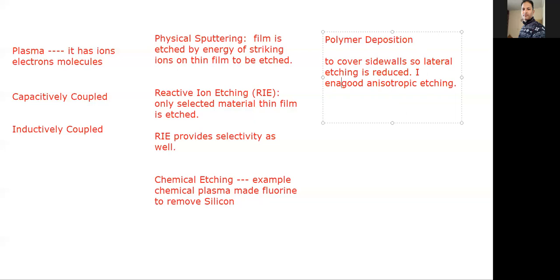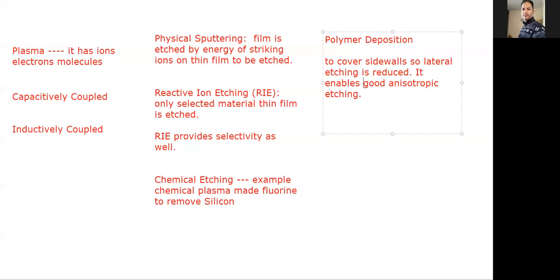So many times we will see that we allow some polymer to deposit on the side walls of a thin film which is getting removed.